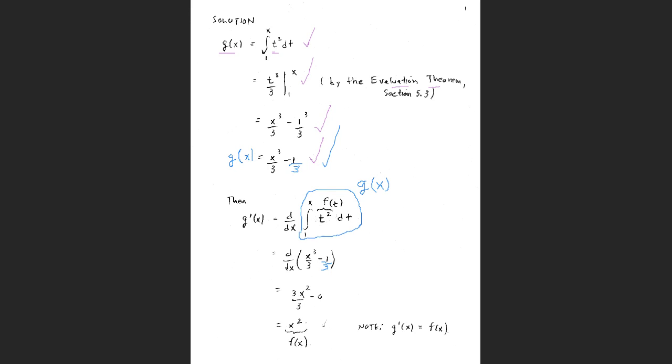This is just Leibniz notation here. But we established that g of x was equal to x cubed over 3 minus 1/3. So I'm going to put in for g of x, x cubed over 3 minus 1/3. And if I differentiate that, I'm going to get x squared when I'm done.